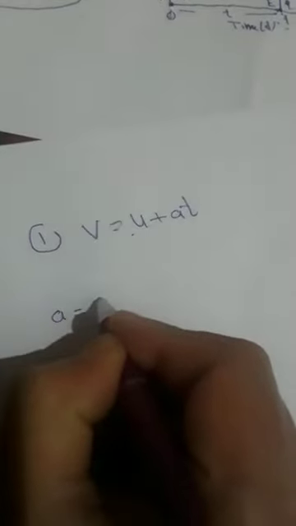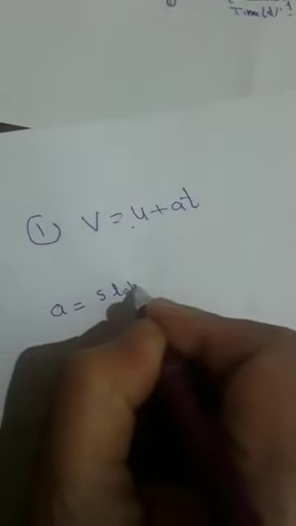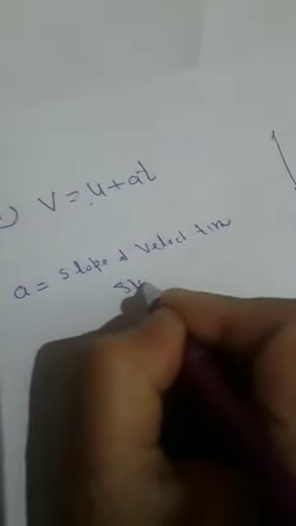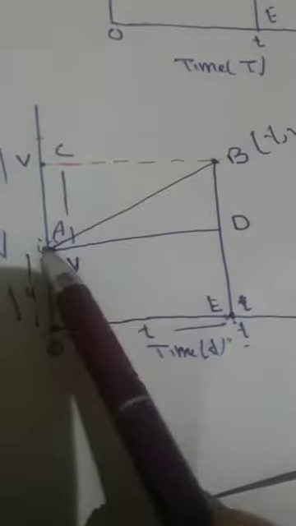We know that acceleration a is equal to the slope of the velocity time graph. The velocity time graph is here, AB.